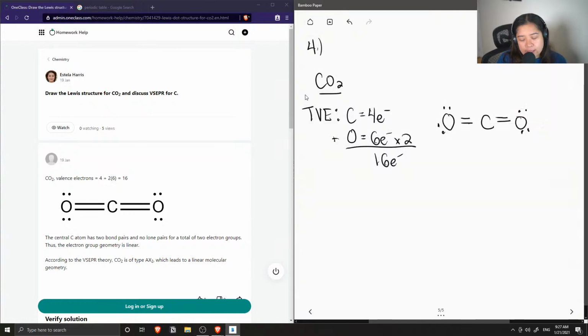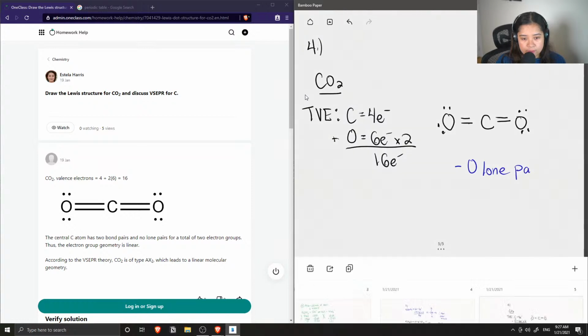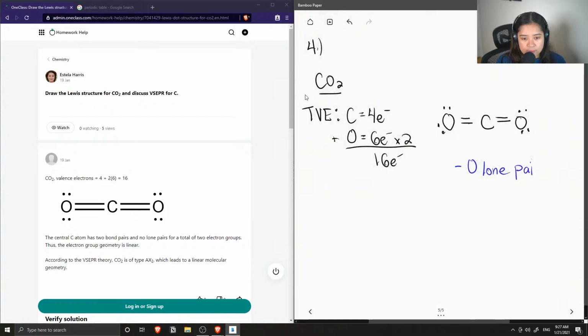So now let's analyze its VSEPR shape, so its molecular shape and its electron geometry. And to do that, we need to look at the central carbon atom for this molecule. So carbon has 0 lone pairs, and it has 2 bonded atoms.